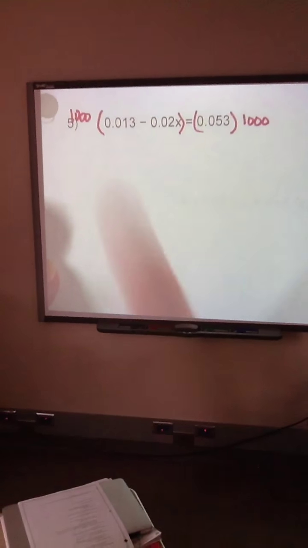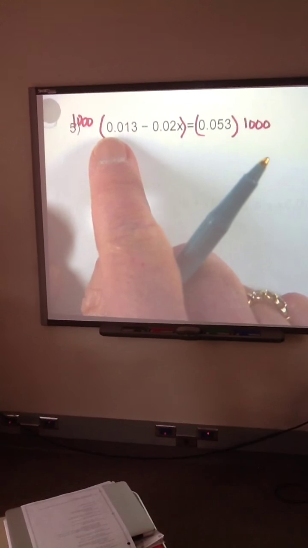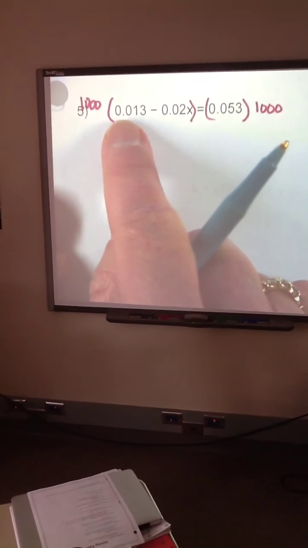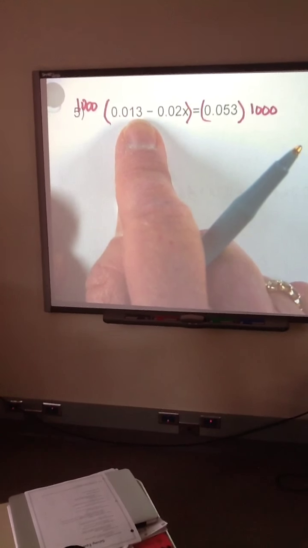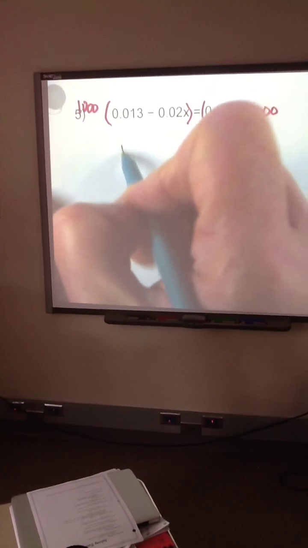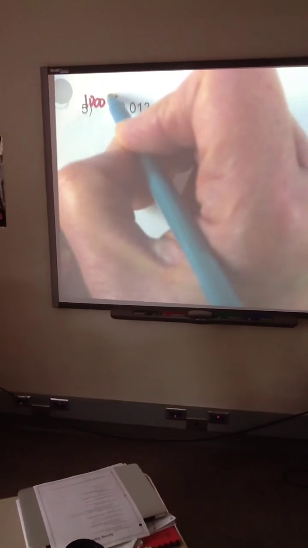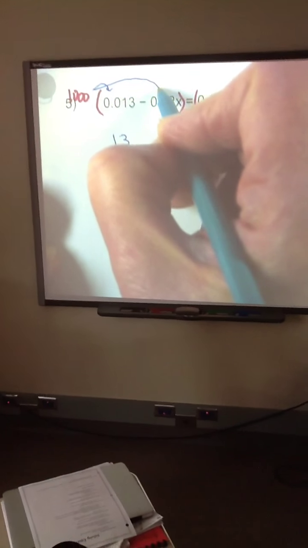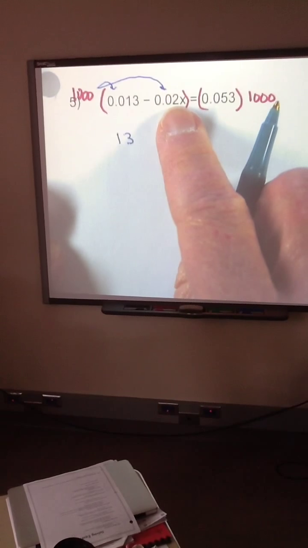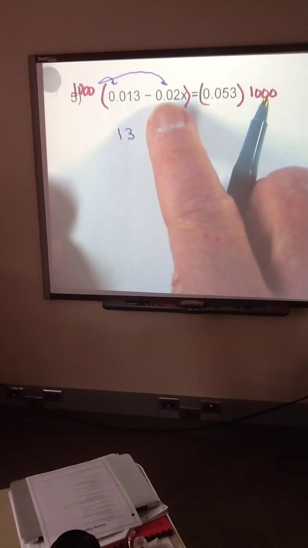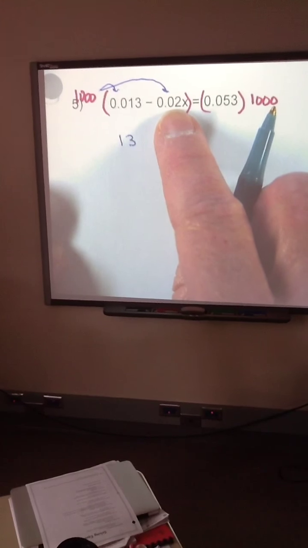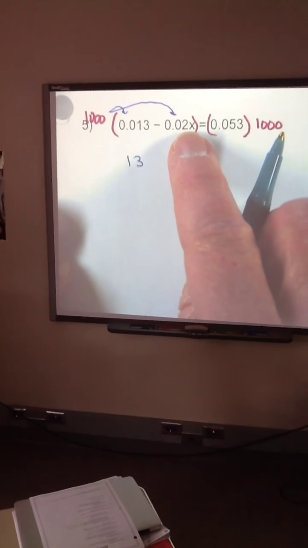So when I multiply 1,000 by 0.013, moving that decimal point 3 places to the right, it simply becomes the number 13. When I multiply the 1,000 by 0.02, again it's going to move it 3 places, but I only have 2 places. So that means I'm going to need to add a 0 as a placeholder.